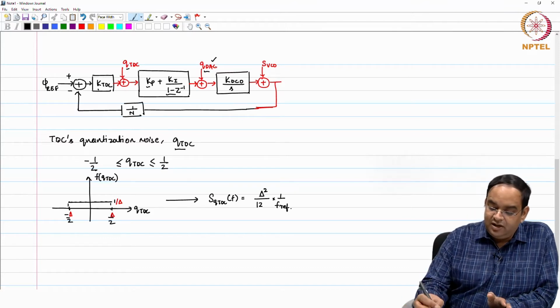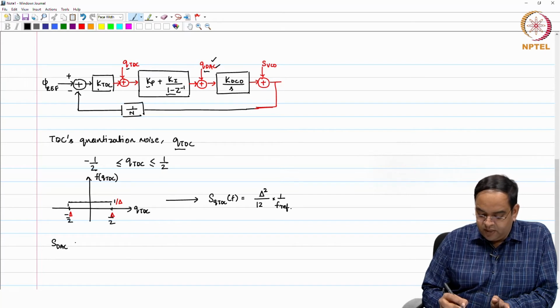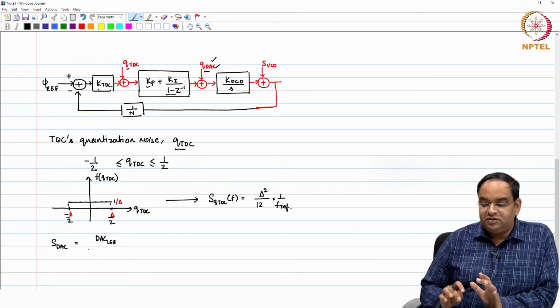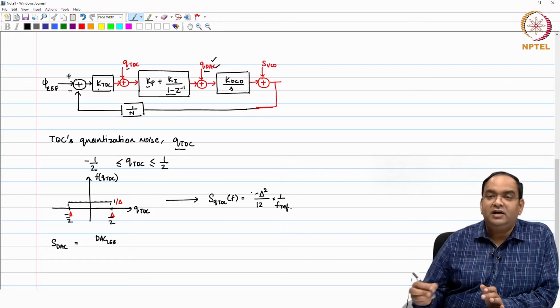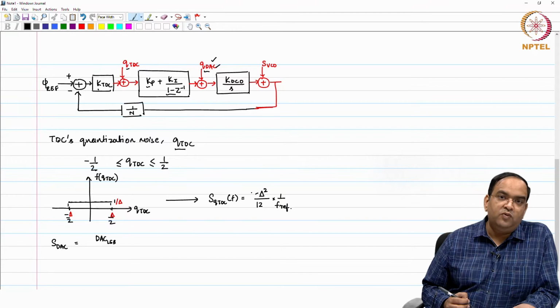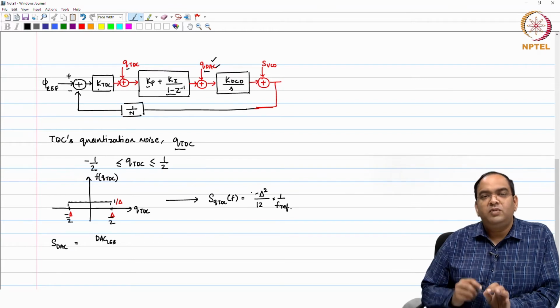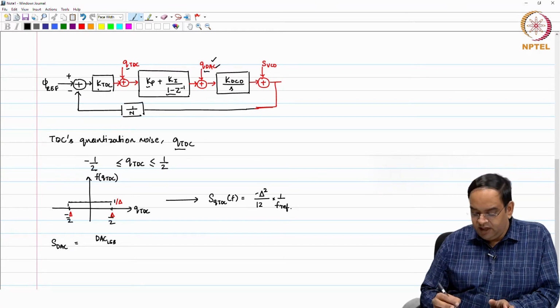So, this is what you will see in terms of the quantization noise for the TDC. Similarly, you will have the same for the DAC quantization noise. You can say this is like DAC LSB, that is what I am writing. What I am doing is I am writing here delta. We can define it in different ways: delta is equal to 1, because the error is limited between minus 1 LSB by 2 to plus 1 LSB by 2.